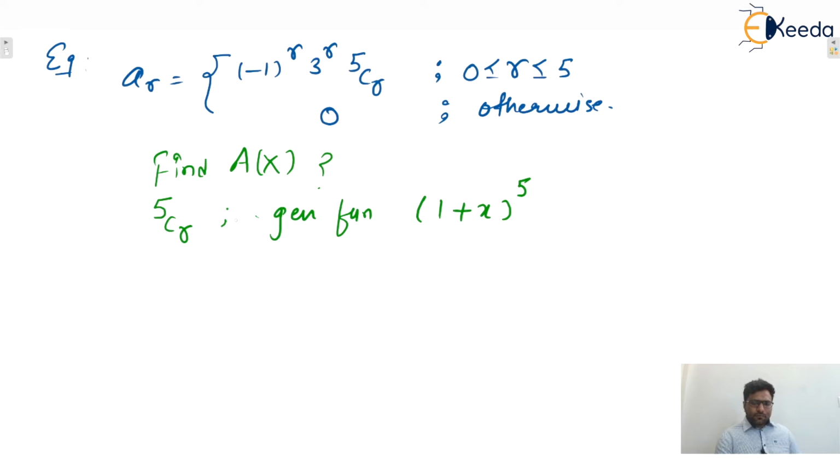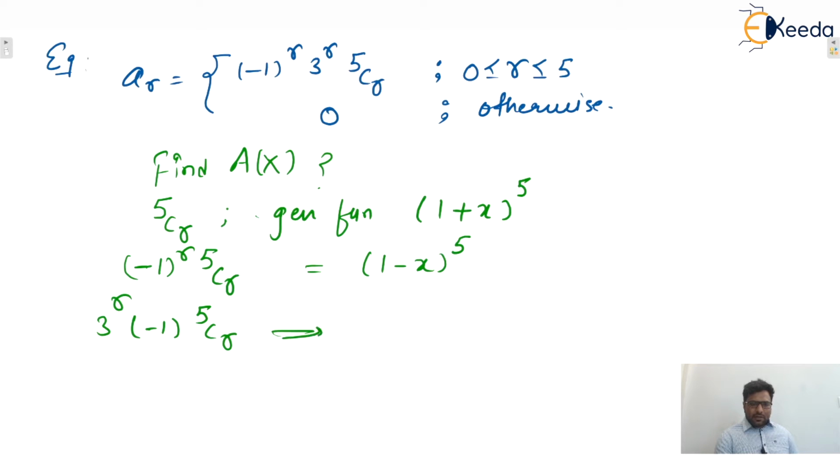Now if this sequence is multiplied with minus 1 raised to power r, then in the generating function, x is multiplied with minus 1. And if it is also multiplied with 3 raised to power r, then in the corresponding generating function x is also multiplied with 3.